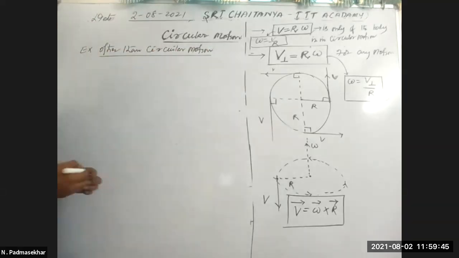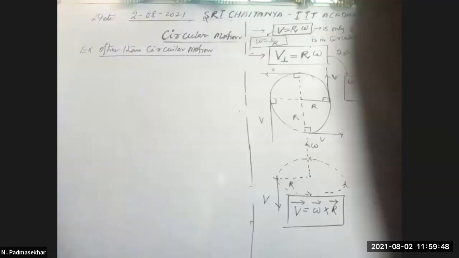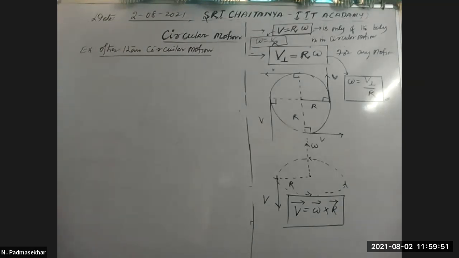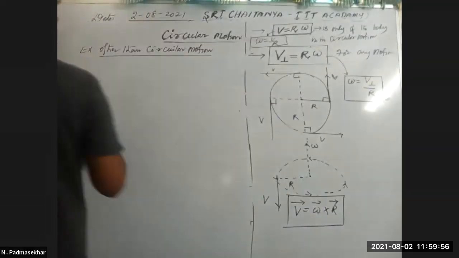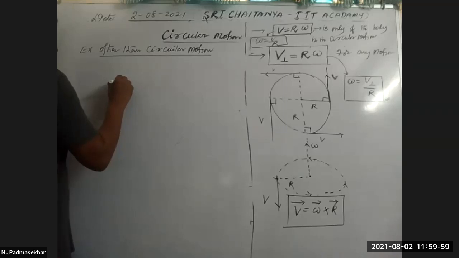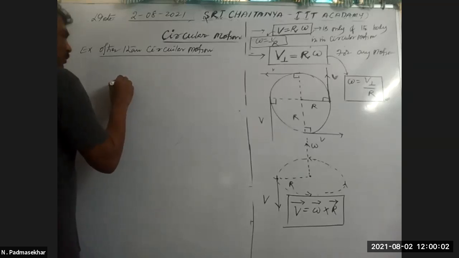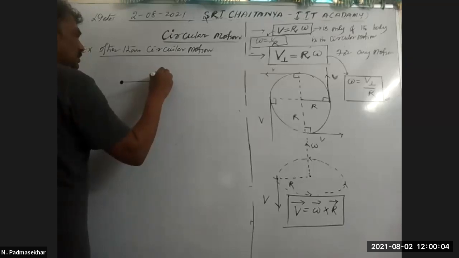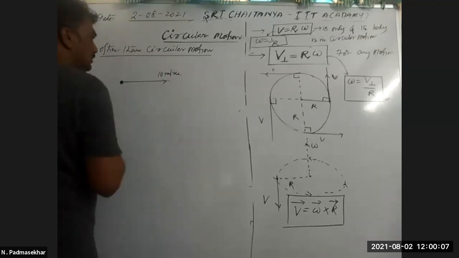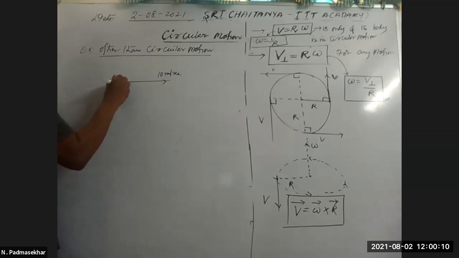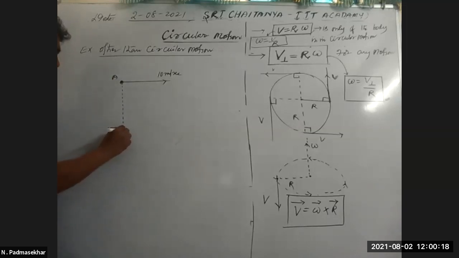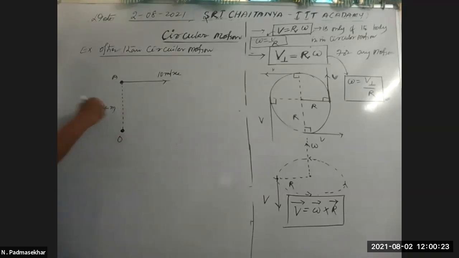Other than circular motion, and suppose here, this is the particle. A particle is moving with a velocity 10 meter per second at point A. So now the angular velocity of the particle about point O, this is 4 meters.